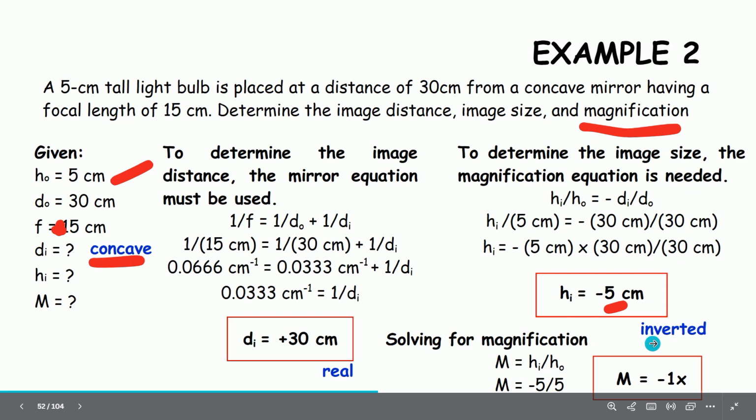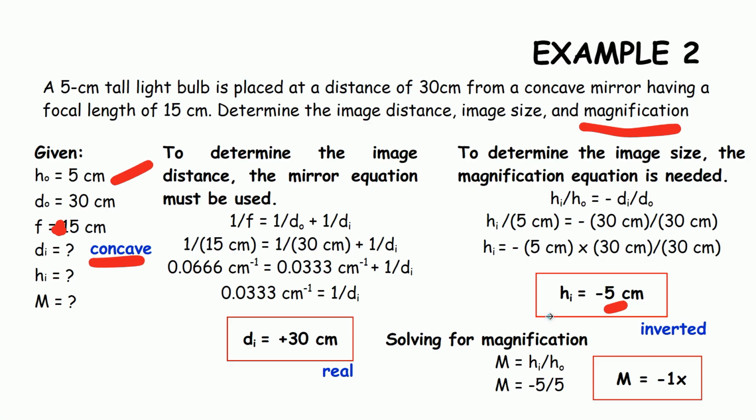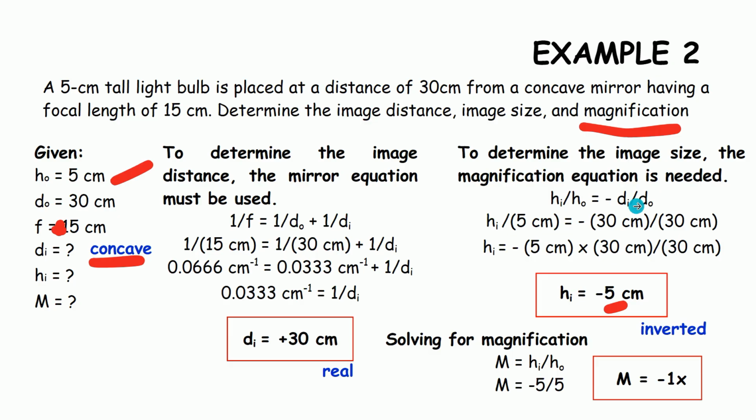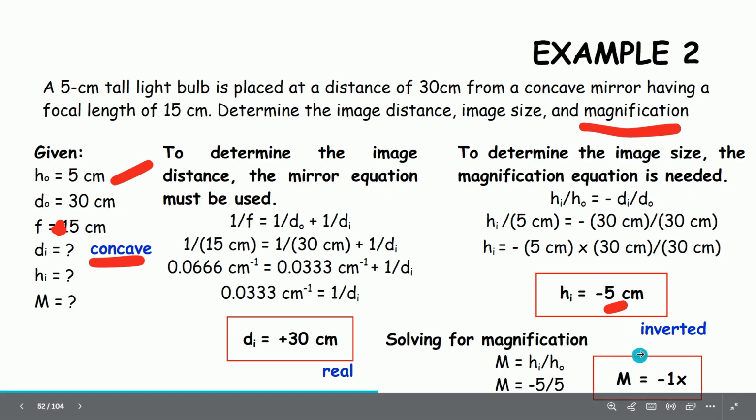So that stands correct, and yeah, correct ra ang ato gi-explain kanina. And then you can also use the negative di over do. So 30 cm over 30 cm, so that is also negative 1 times. So bisan asa ning duha ang gamiton, mo gawas ang magnification of negative 1 times.